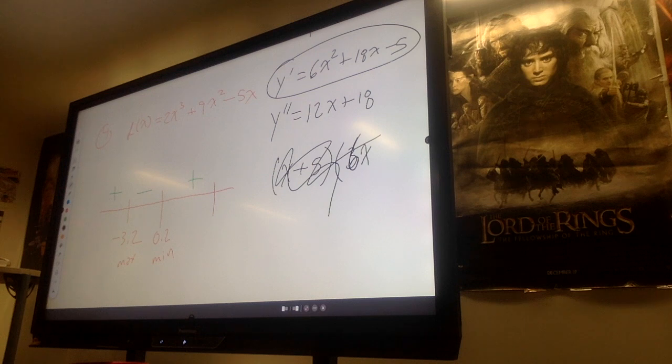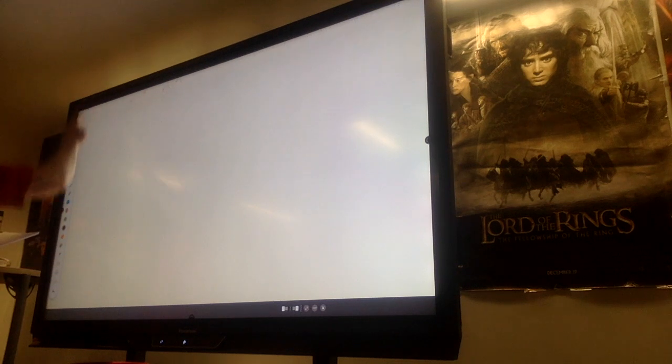Number 5 says give the interval where f of x is increasing and decreasing. Oh no, they gave us the derivative. We're going to skip number 5 because I'm not going to test you on that. So go to number 6.